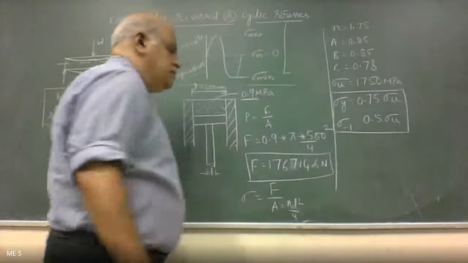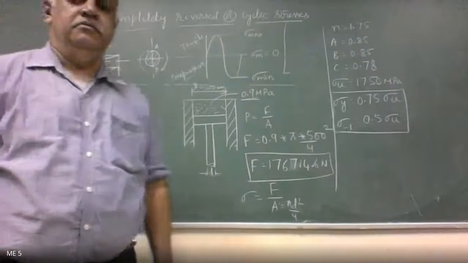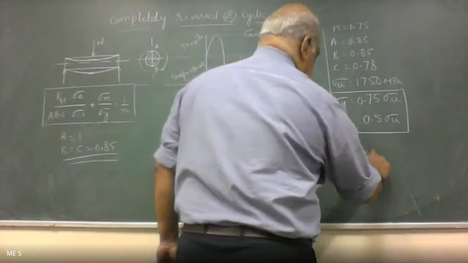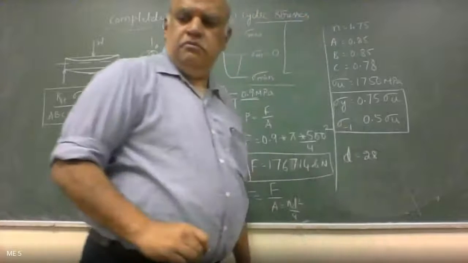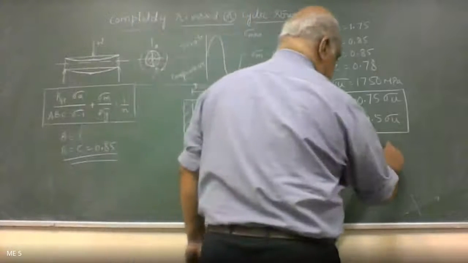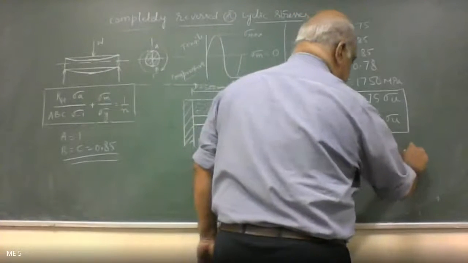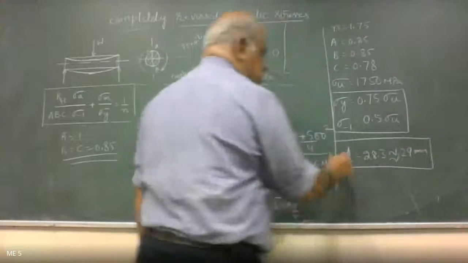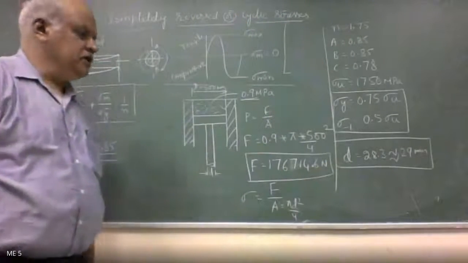Okay. What is the diameter now? 29. Yeah, that's correct. That is 28.26 we get, that is 28.3, rounded off to 29 mm. That's correct. What you get is 29 mm.